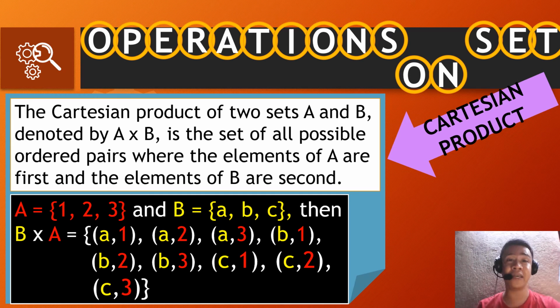How about B times A? So that means mag-iiba yung positioning ng ating elements. Yung B multiplied by A naman is yung first element of an ordered pair must be an element of set B. Makikita naman sa set B. At the second element of an ordered pair must be an element of set A. So we have B times A is equal to the set of ordered pairs A1, A2, A3, B1, B2, B3, C1, C2, and C3.